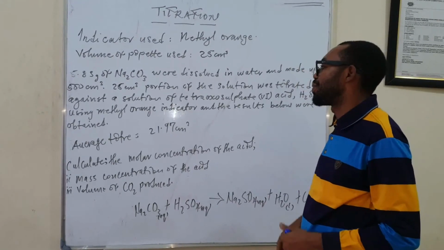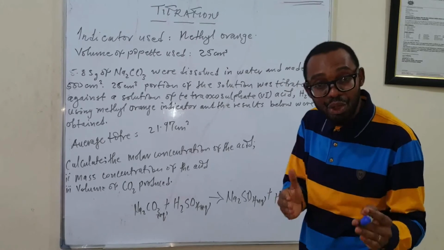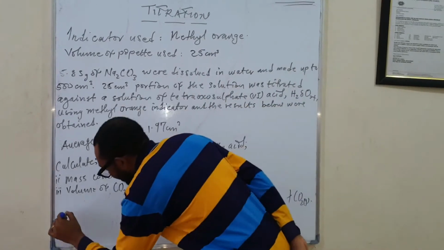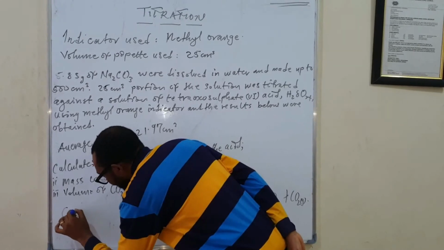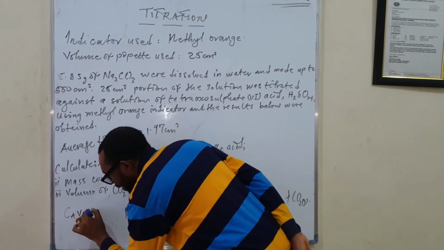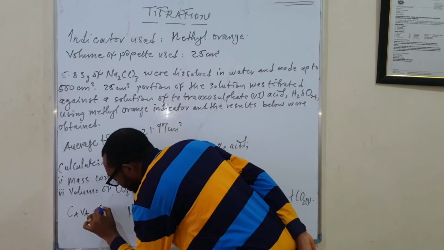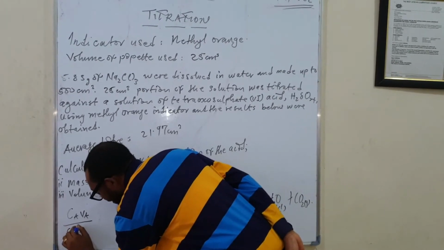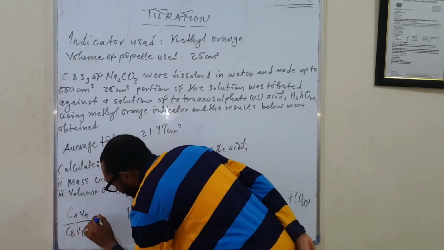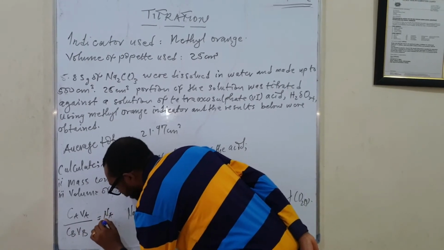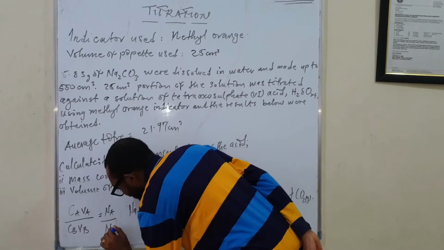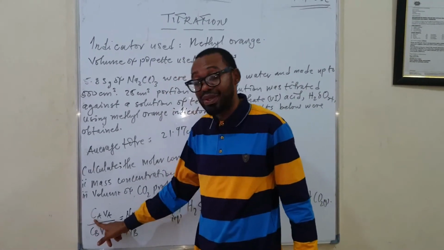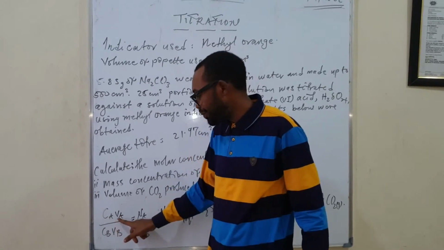Now take for instance what you have been used to, the almighty formula which says CaVa over CbVb is equal to Na over Nb. If I recap, Ca simply means the concentration of the acid.